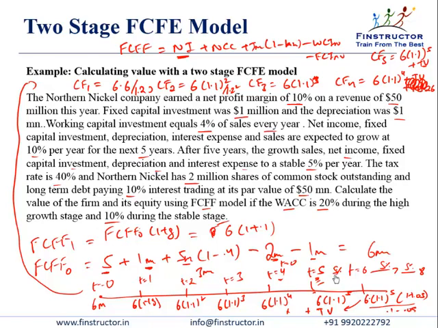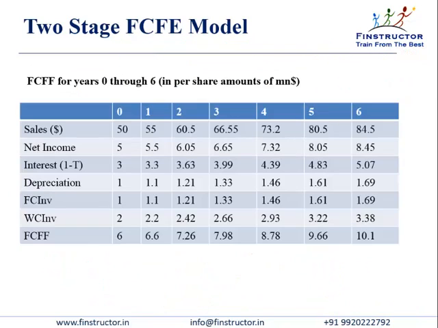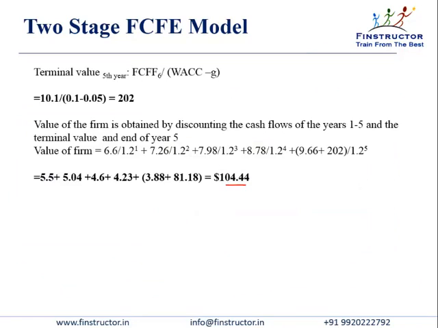Cash flows after t equal to 5 are being discounted back at 10%, and cash flows before t equal to 5 are being discounted back at the rate of 20% as given in the question. Which gives us the present value as 104.44. This is the value of the firm.